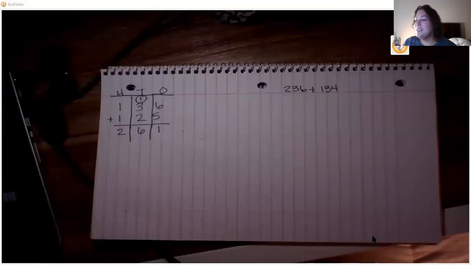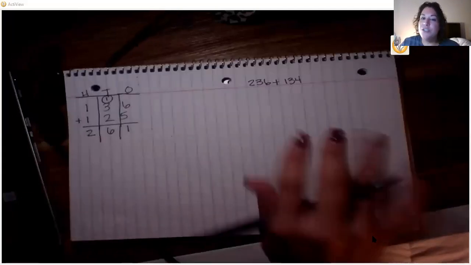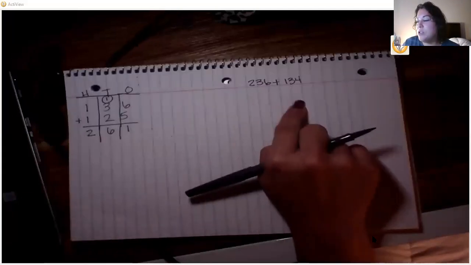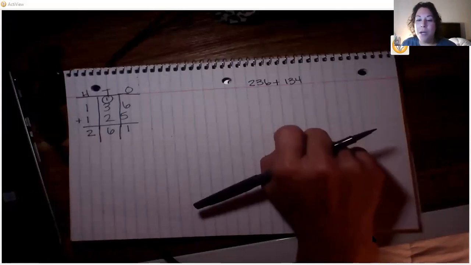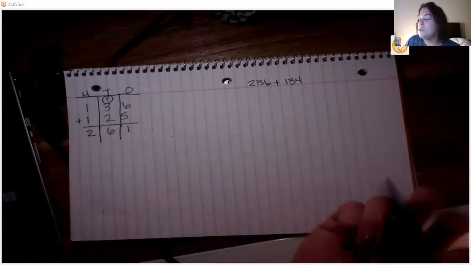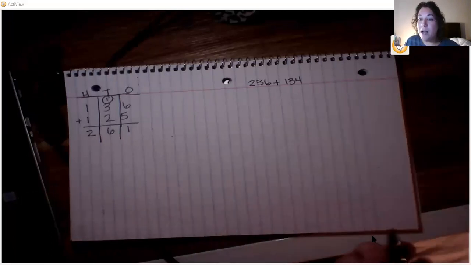Okay, so here's that notebook. I have 236 plus 134, and I'm going to write a problem using those things that we came up with. So our characters are Trevin and Tice. So I'm going to start my problem about talking about my characters and these things.